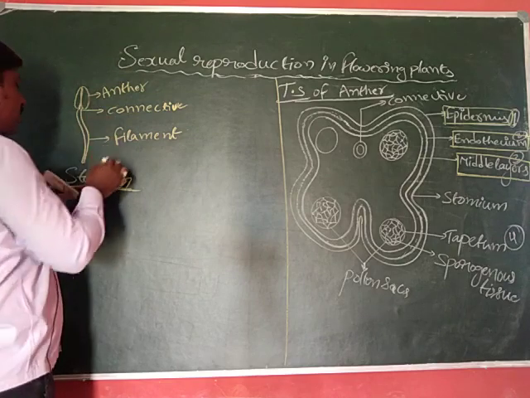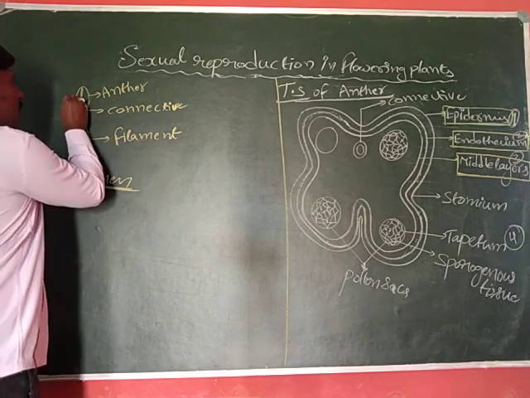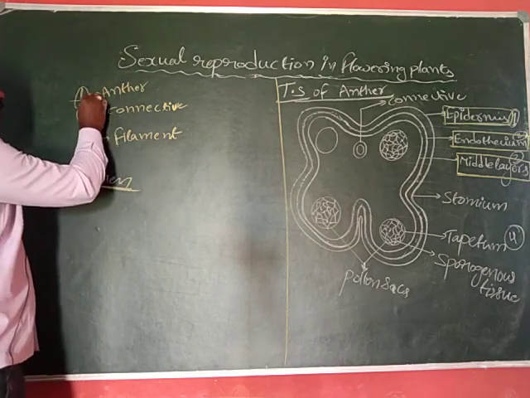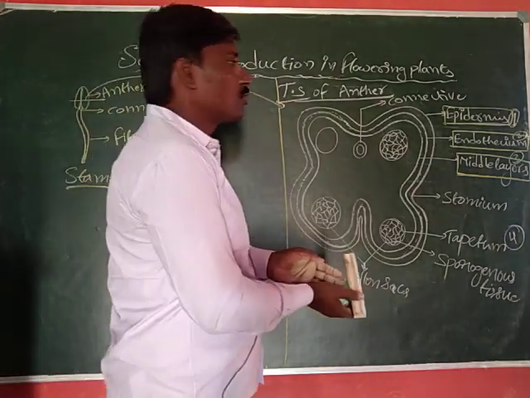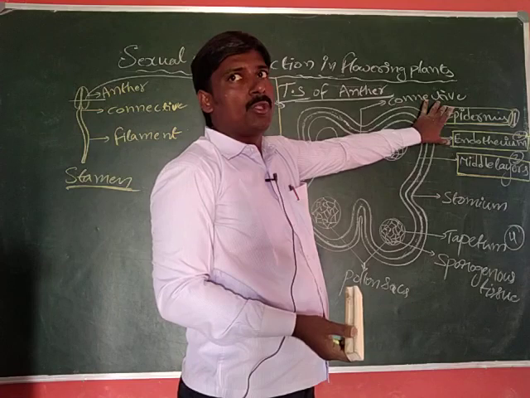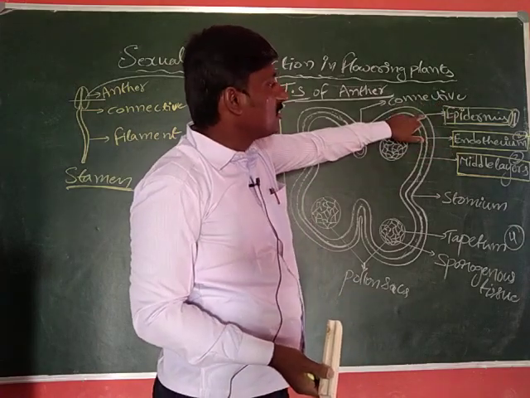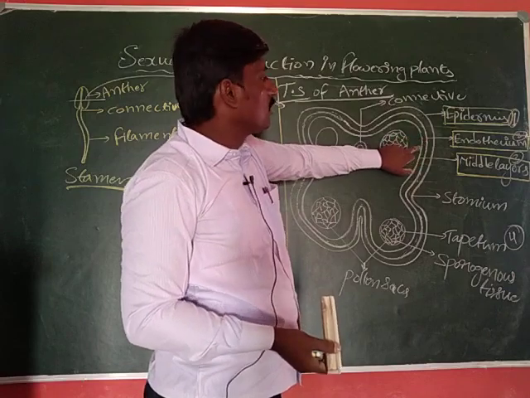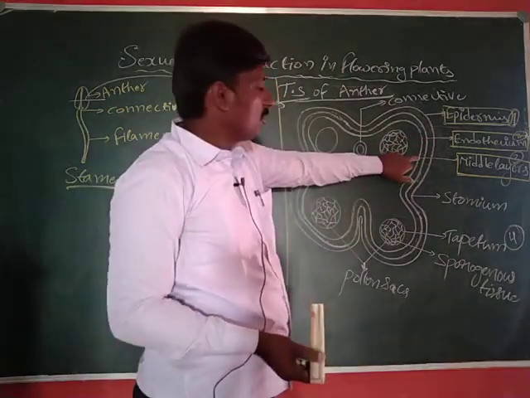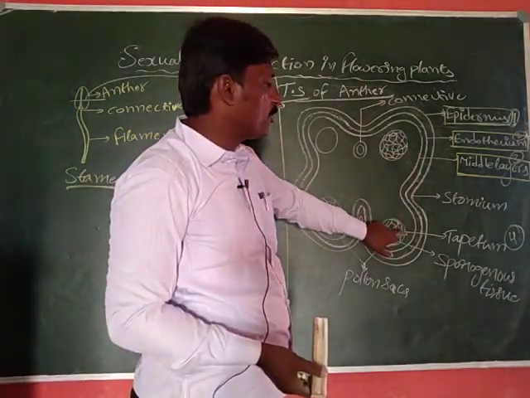If we take a transverse section of the anther, the anther wall is differentiated into four layers. The first one is epidermis, the second one is endothecium, the third one is middle layers, and the last one is tapetum.